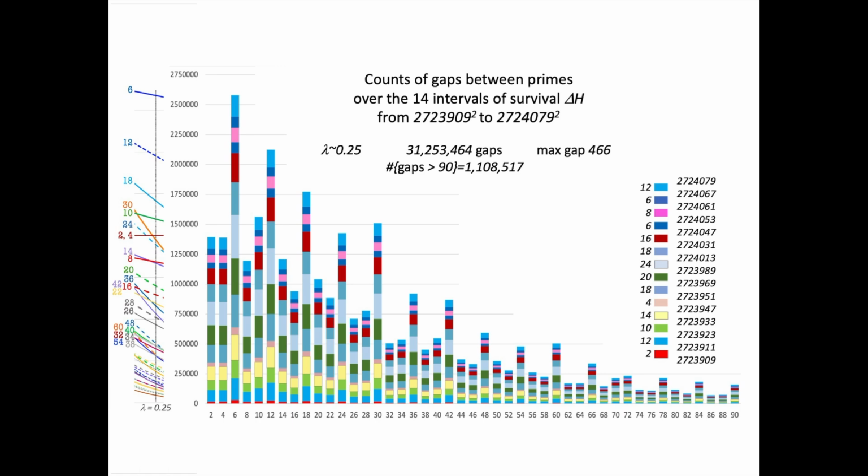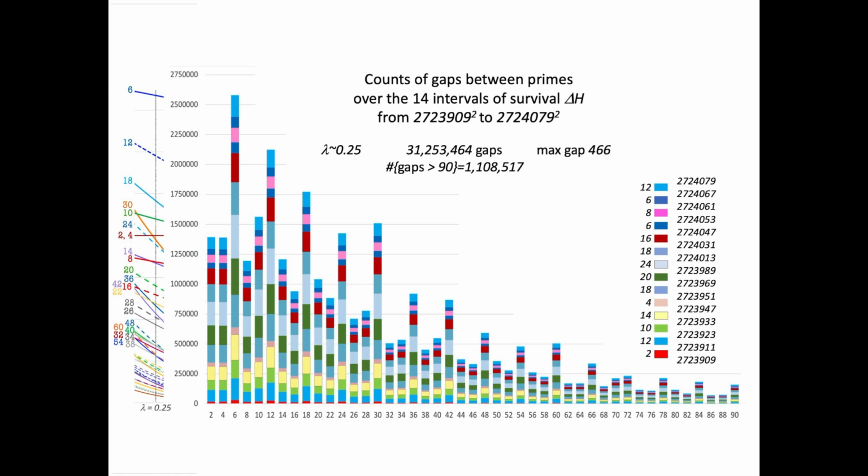And now here's the samples. Here we took 14 intervals of survival from the prime squareds to the prime squareds. The color coding for those distances between those primes is over on the right. This is a sample of 31 million gaps between primes. This is the data, gaps between primes.